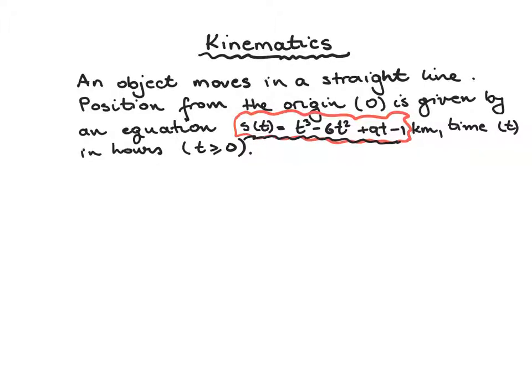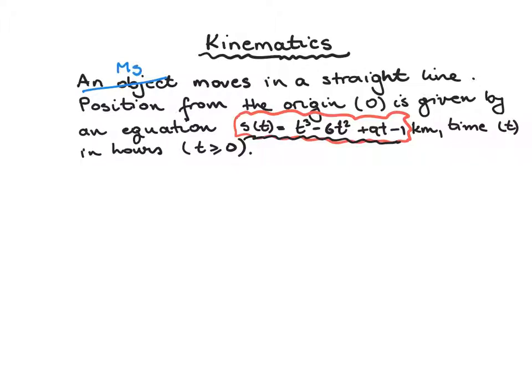Actually, I'm going to change this question a little bit. Instead of an object moving in a straight line, I'm going to say Miss B moves in a straight line. So, as you do know, I like going for a walk, so she walks, and this is my position from the origin.